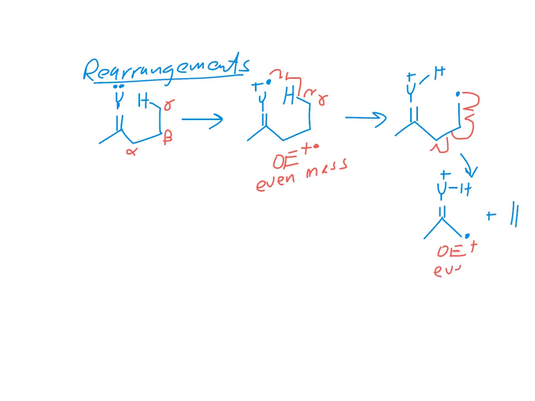Another even mass. Okay, so because we've transferred one hydrogen, that ion has a mass of 1 higher. Okay, so let's just stop there. We're out of time. I'll show you a few variations of this next time, and a couple more mechanisms, and then I think we'll be getting to the point of starting to work through examples.